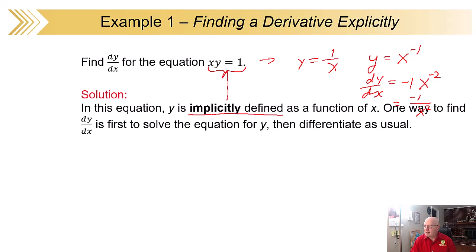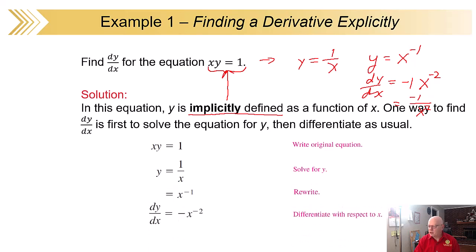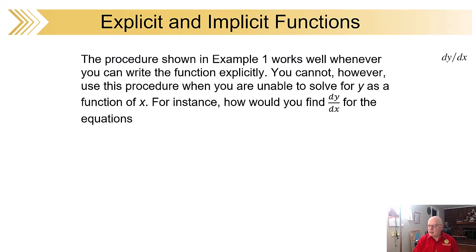But as it stands here, it's implicitly defined. But not all rewriting will do that for us. There's another interpretation here. Same thing. There we go. The rewrite and the derivative and the final rewrite to make it look in its best form. So that works sometimes if you can rewrite it so that it's got an explicit function in terms of y.